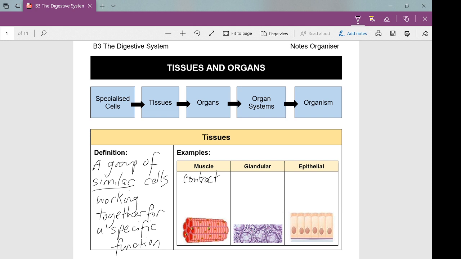So I have a little picture that I've uploaded here because this is what muscle tissue looks like. You'll notice that each individual little fiber, if I highlight a little fiber here, there's another one, they sort of slide over each other to be able to contract.